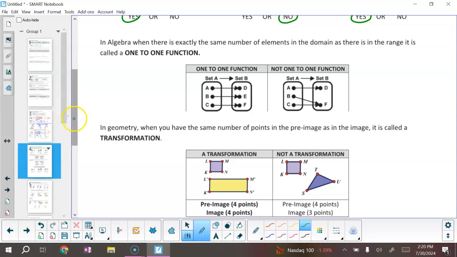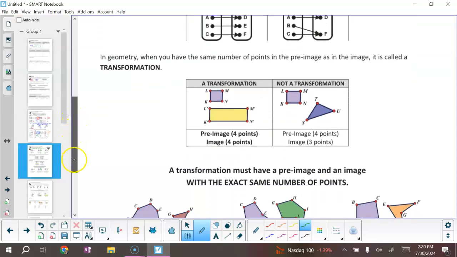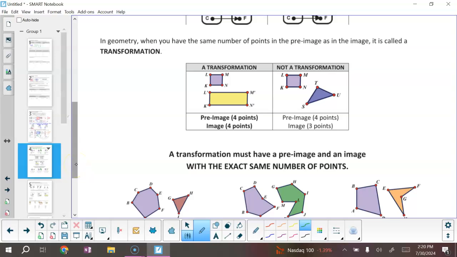When we are talking about this in geometry, if you have the same number of points in the pre-image as you do in the image, then that's called a transformation. So like back on the previous page that we were on, at the very bottom there, that one that was 2 triangles, you had 3 points and 3 points.